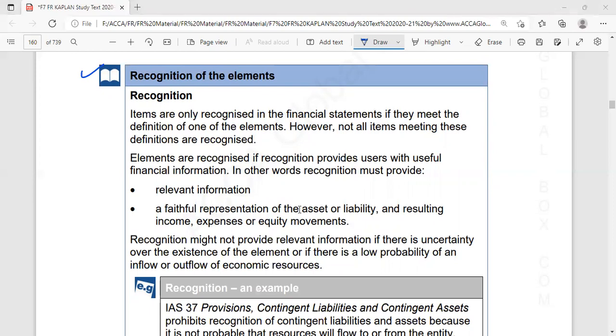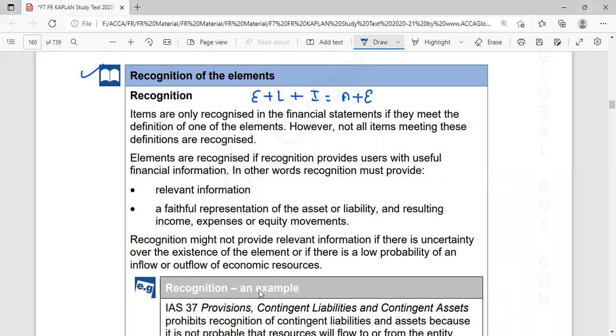For example, coming to the accounting equation: equity plus liability plus income is equal to assets plus expenses. This is what is meant by an accounting equation.